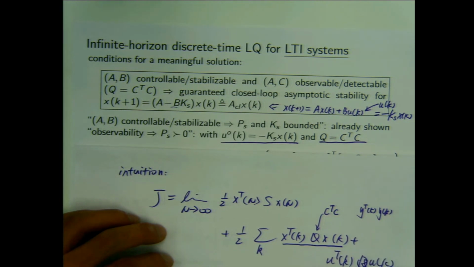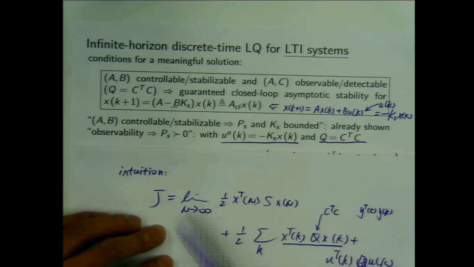That's the intuitive definition of observability. Now, if you buy that, then this makes sense. If we can see how the states are going on from the output, then if we are minimizing this, it's intuitive to say that the closed-loop system will be controlled to be stable.